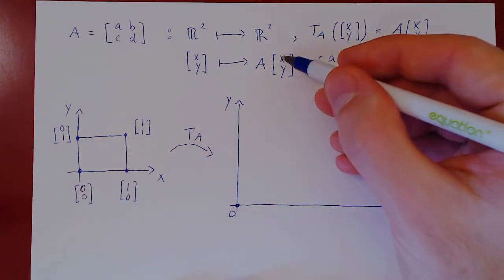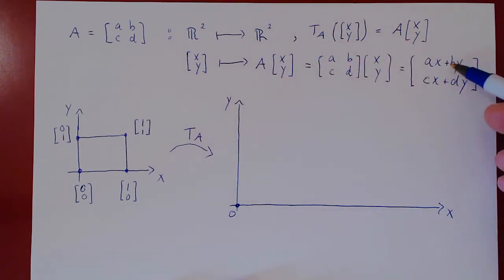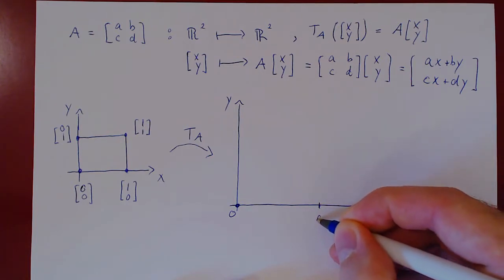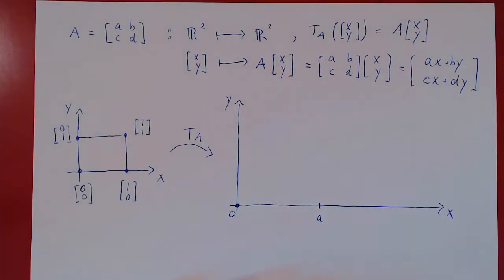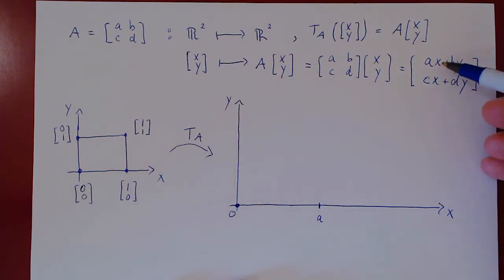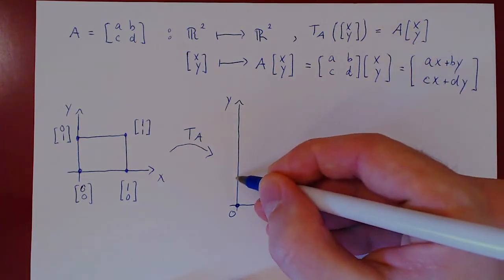If you multiply this point (1, 0) by A, so here x is 1, y is 0, both of these go away and you're left with A times 1, C times 1. So it's just the point (a, c). So suppose this is A. And just for argument's sake here, we'll assume that all A, B, C, D are positive real numbers. So the point (1, 0) becomes the point (a, c).